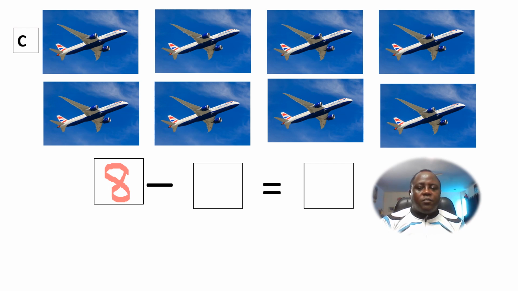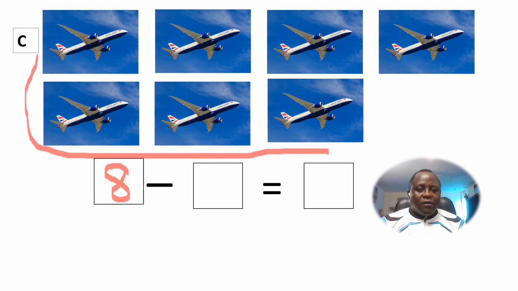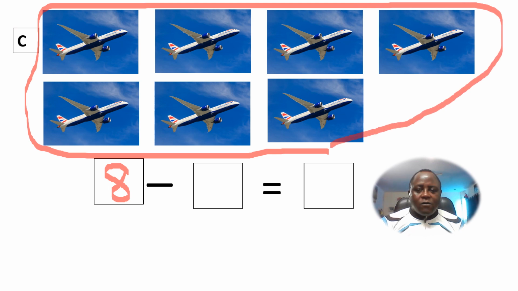And now let's see what happens. How many will disappear? Look very well. One has gone. So we count the number of planes left and write it here. How many are there? 7. And how many went away?